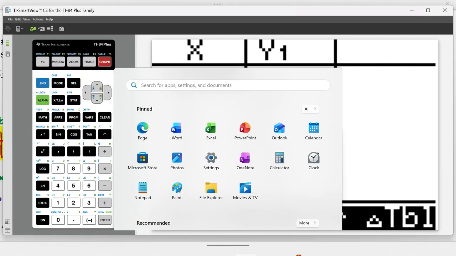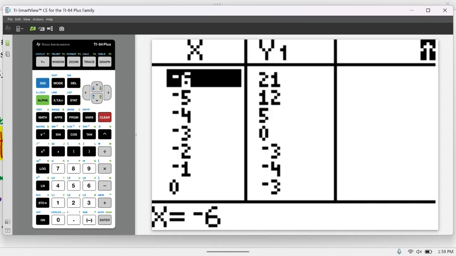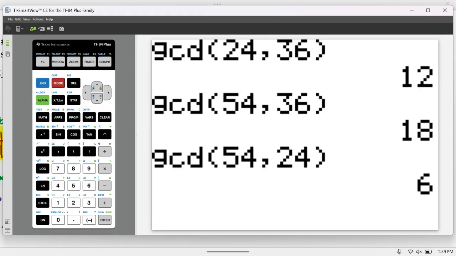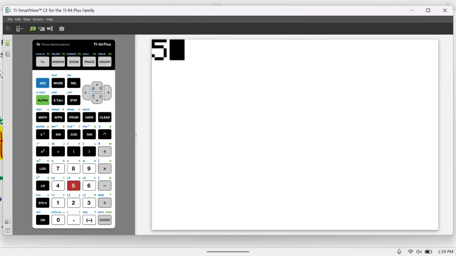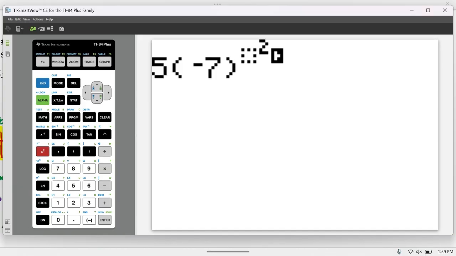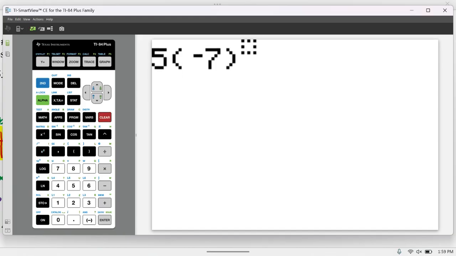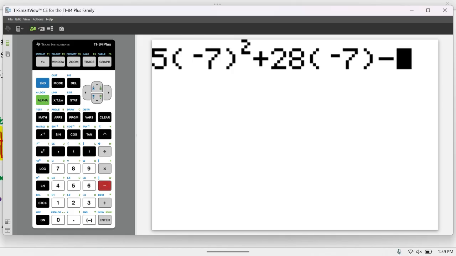So if I plug into my calculator negative 7, I have 5 times negative 7 squared, plus 28 times negative 7, and then minus 12.